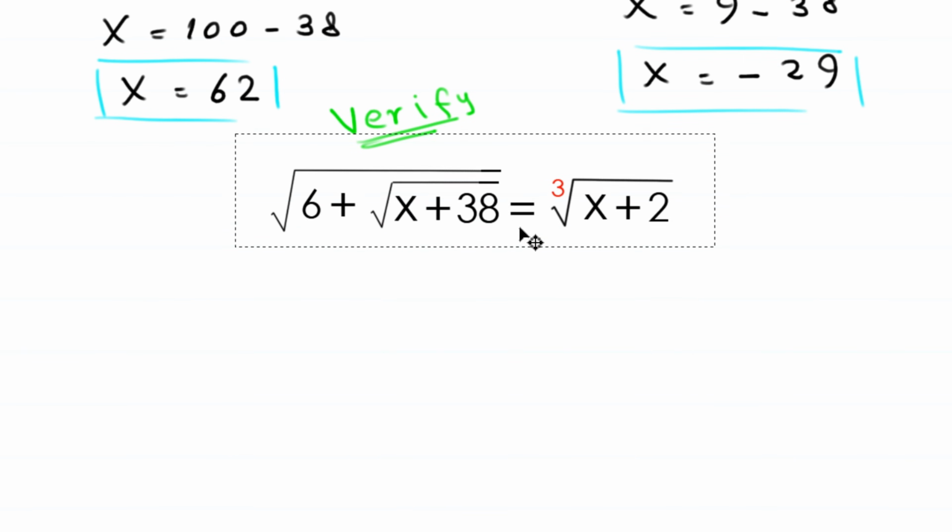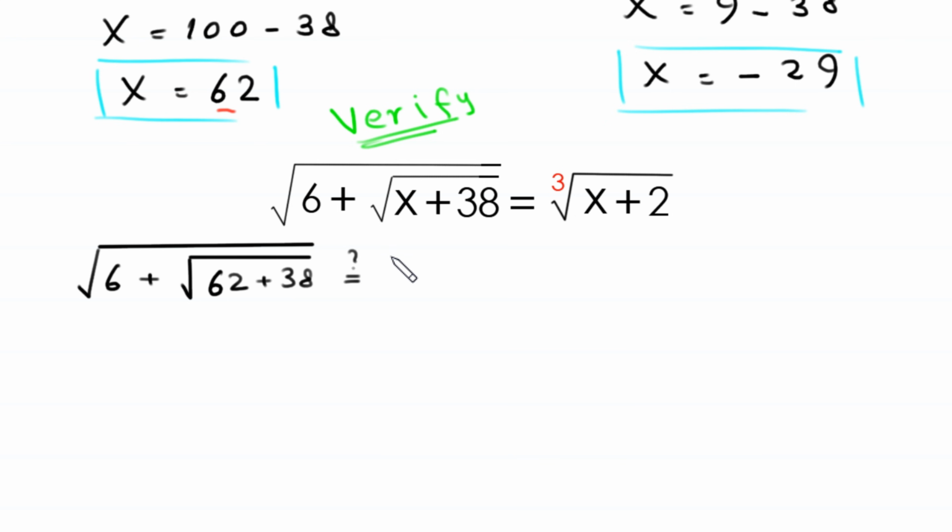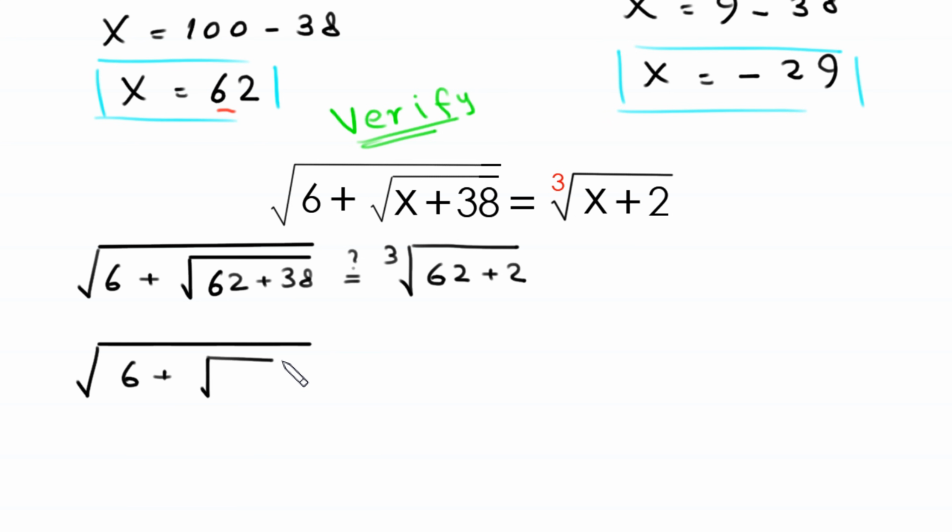This is the original equation. First we check x equal to 62. So the equation will become the square root of 6 plus root 62 plus 38. Is this equal to the cube root of 62 plus 2? The left hand side will become the square root of 6 plus root of 62 plus 38, which is 100.